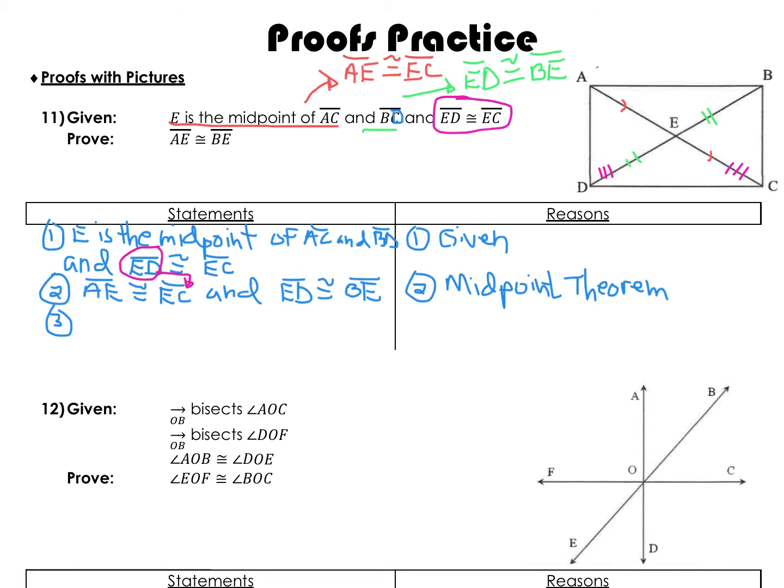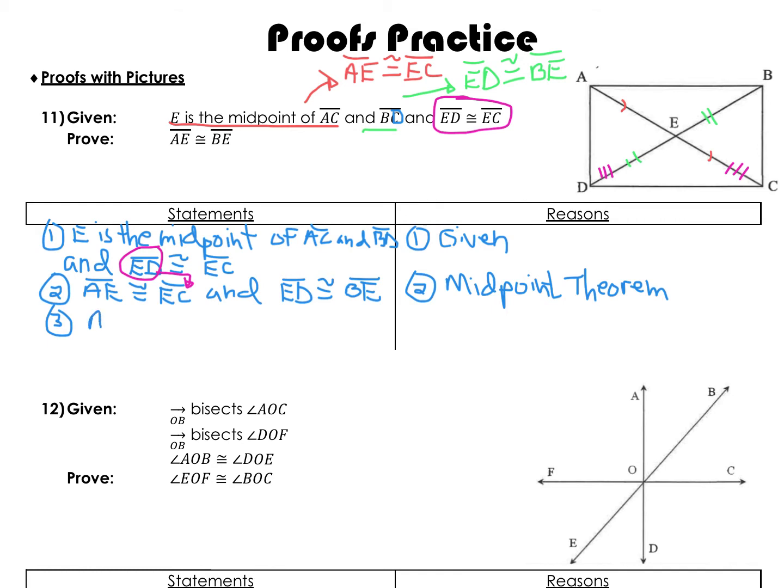The reason why I'm doing that is because I want to keep AE because it's part of my proof statement, and I need to get rid of this EC. Well, replacing it with ED isn't necessarily a help in that respect, but I notice that there's an ED over here, which then I'll be able to do something with here in a minute. So let's go ahead and do that substitution.